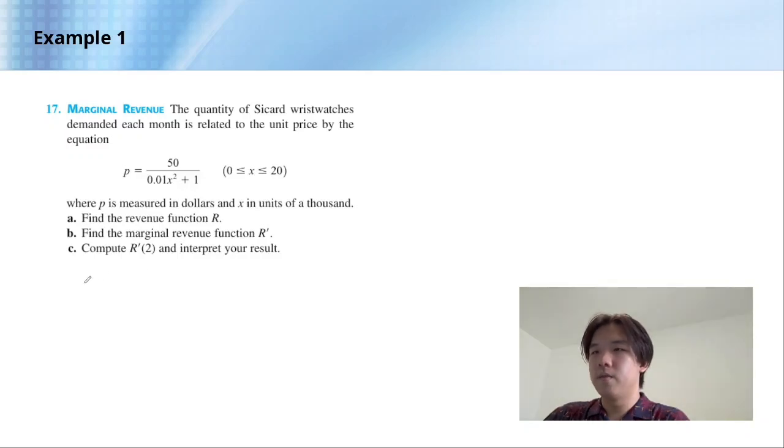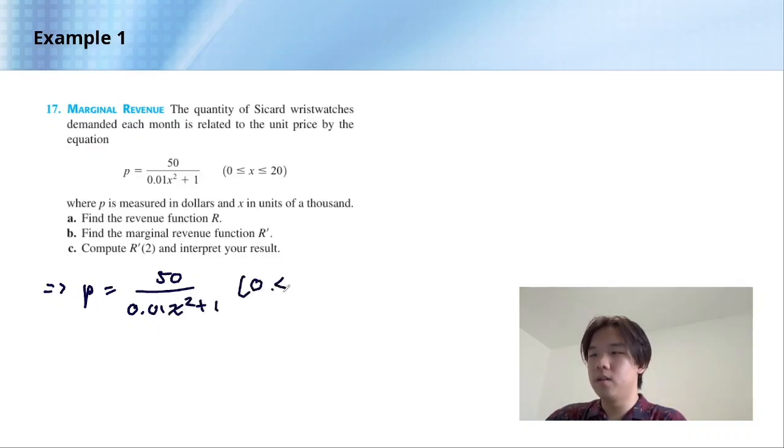So first, the quantity of C-card wristwatches demanded each month is related to the unit price by the demand equation P equals 50 over 0.01x squared plus 1 on the closed interval 0 to 20, where P is measured in dollars and x in units of thousand. So first is to find the revenue function R.